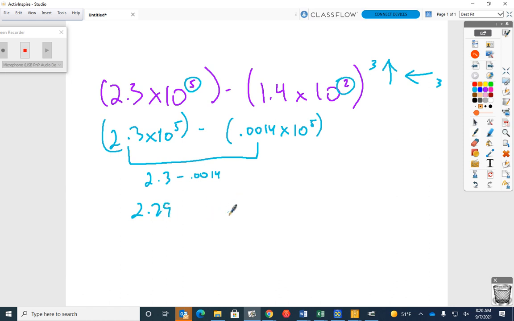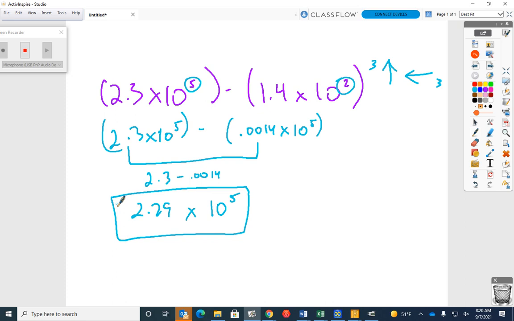And then my exponent is 5 on both of these. Because it's subtraction, it just stays a 5, and this is my final answer. Does that make sense now?